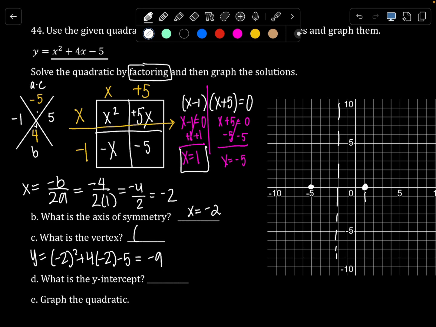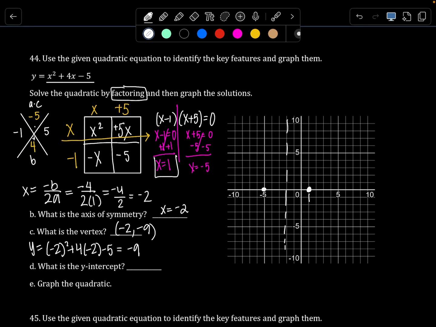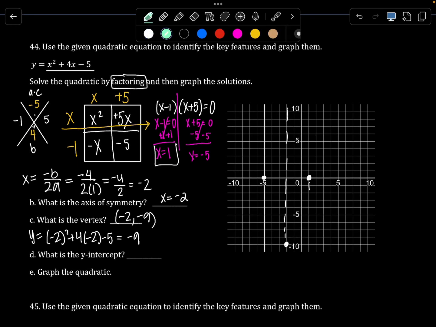So this is -2, -9. It's all the way down here. All right. What's the y-intercept? We know the y-intercept is always the c value, 0, -5, when all the x's equal 0.